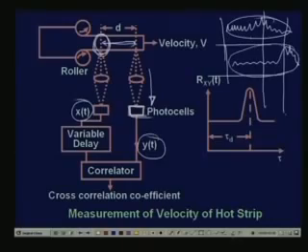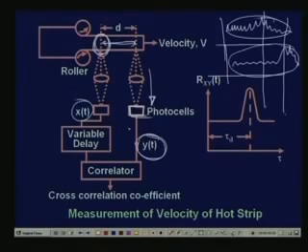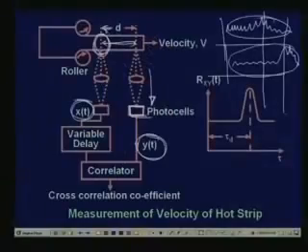So the basic premise of this measurement is that the signals yt are actually noisy versions of xt, but time shifted. Now how much time shifted, that we do not know, that actually depends on the speed. Since this distance d is fixed, by how much time they are shifted will depend on the speed of the strip.